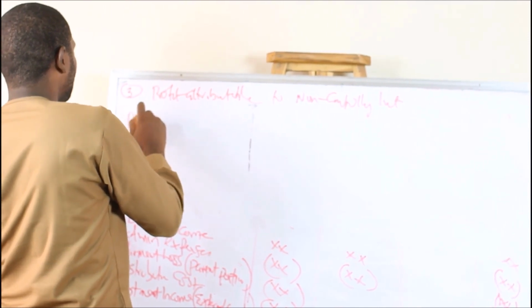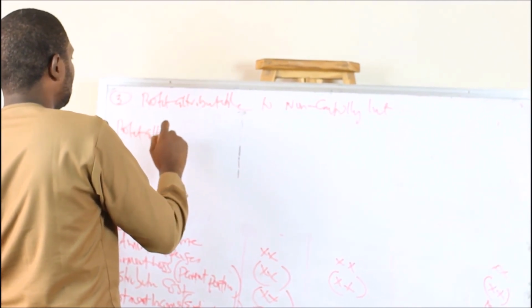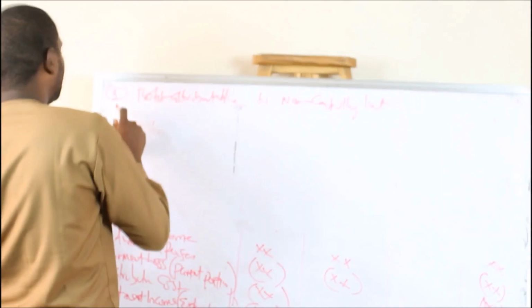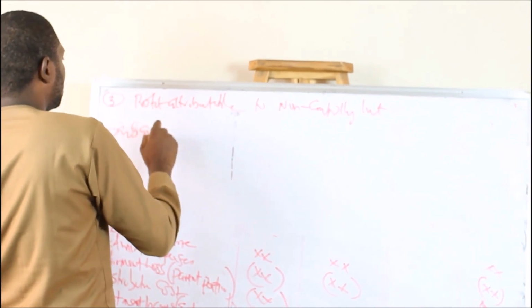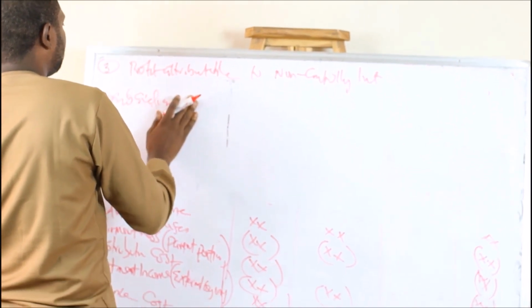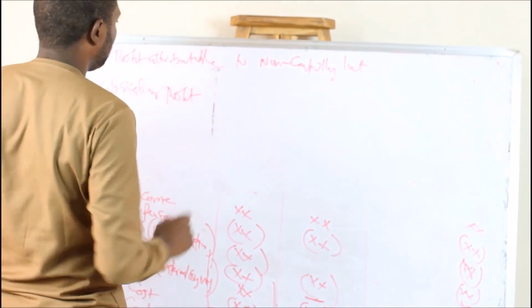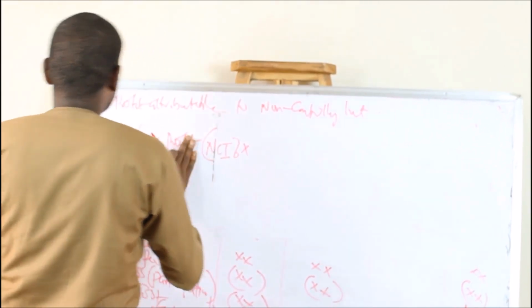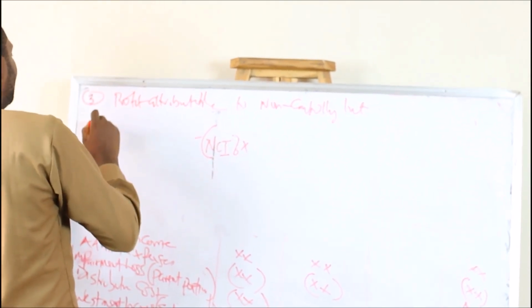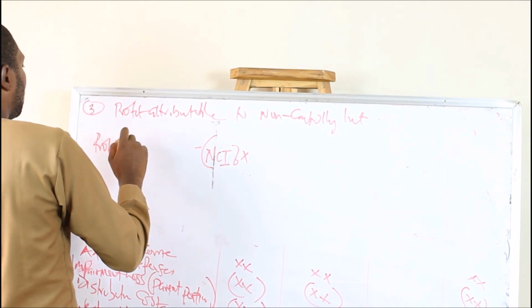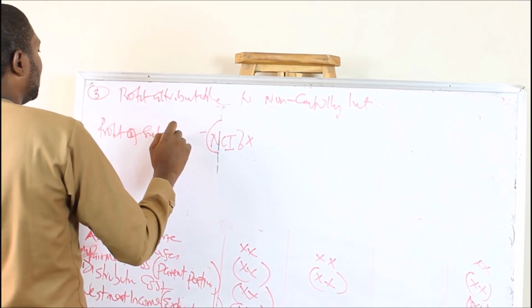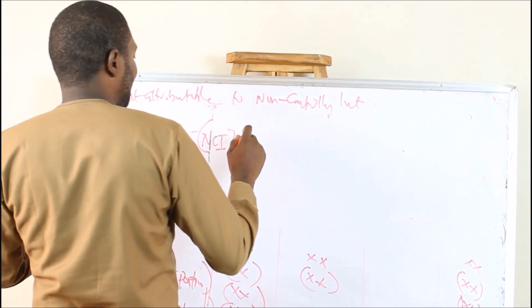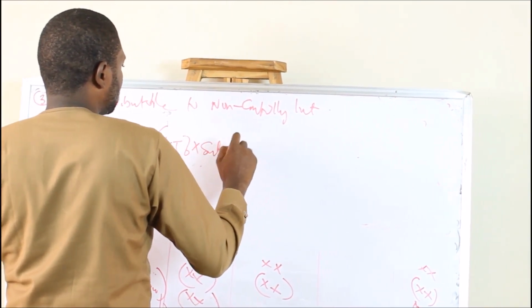You have profits here attributable. Profit attributable to subsidiaries is the NCI percentage times the subsidiary's profit.